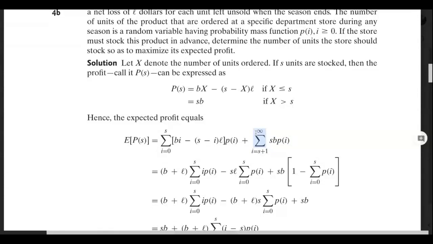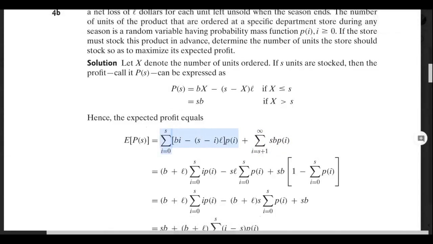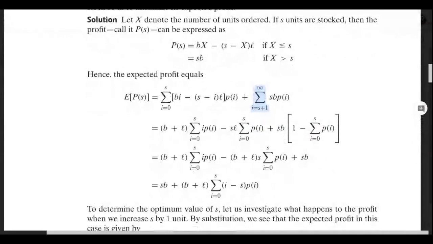So this is the oversold, right? So this part is we have unsold. These ones, so I starts from S plus 1. Remember, S is the number of items being stocked. So if we do this, we do the calculation. Let's see how does this calculation go.